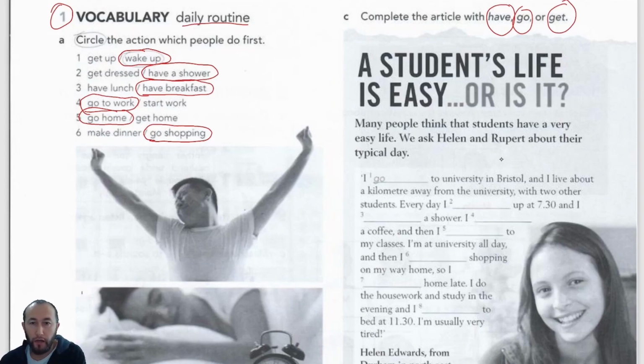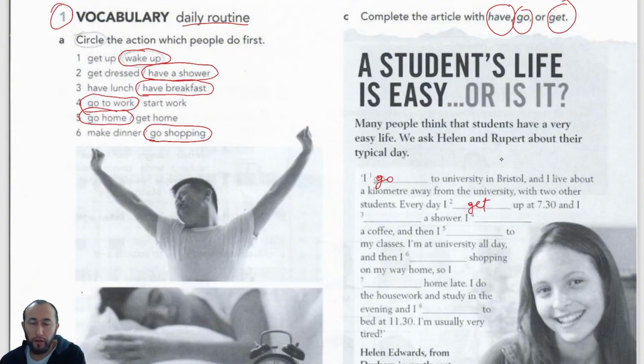Great. I go, so the first one is done here. I go to university in Bristol, and I live about a kilometer away from the university with 2 other students. Every day I get up at 7:30, and have a shower.